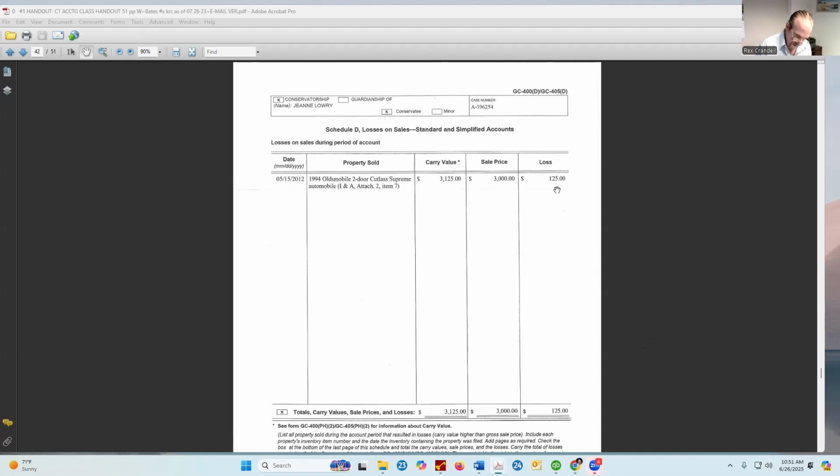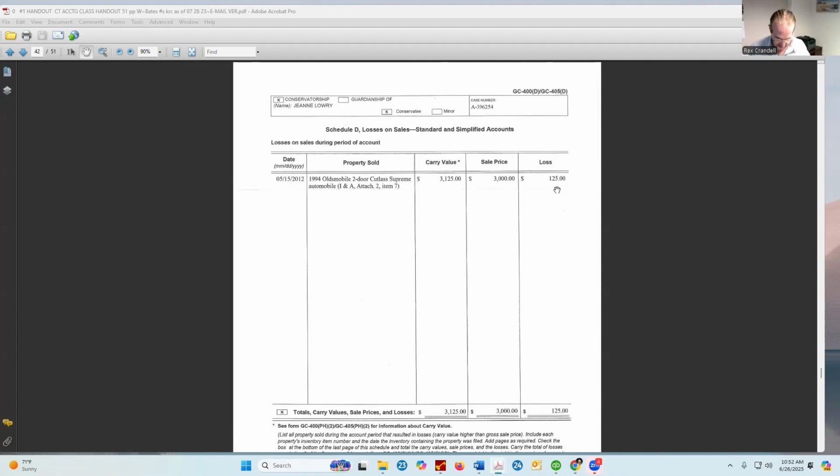Another disclosure that we don't have in the material, and that's a Schedule F, as in Foxtrot, change in form of assets. So an example of that would be you had 100 shares of Apple stock, and then the stock split 2-for-1. Now you have 200 shares. So that's a change in form of asset that you would show because your inventory and appraisal is going to be different now.